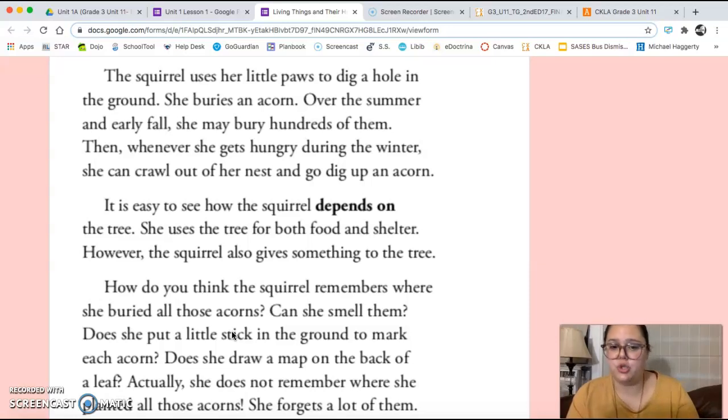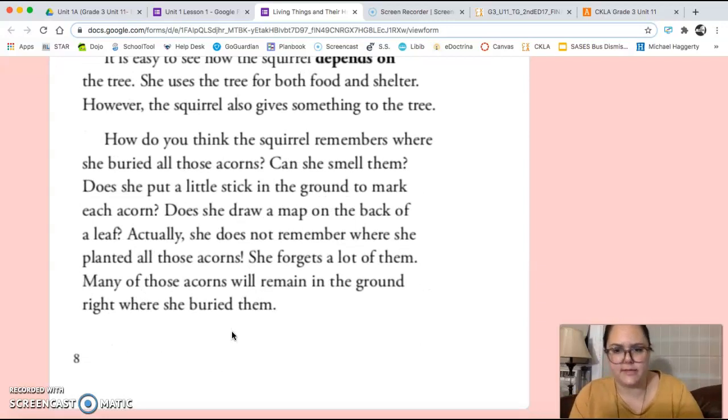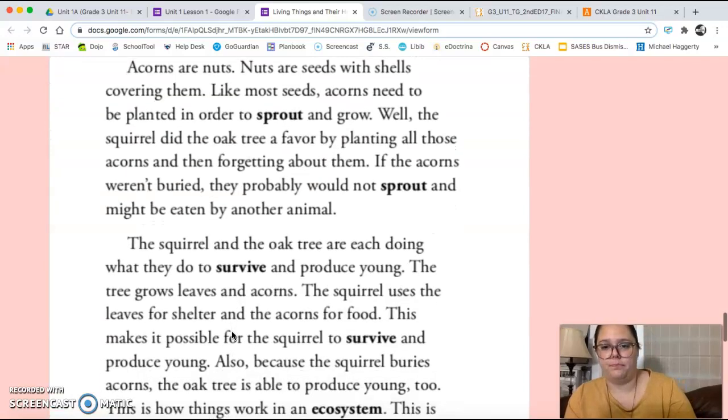How do you think the squirrel remembers where she buries all these acorns? Can she smell them? Does she put a little stick in the ground to mark each acorn? Does she draw a map on the back of a leaf? Actually, she does not remember where she planted all those acorns. She forgets a lot of them. Many of those acorns will remain in the ground right where she buried them.